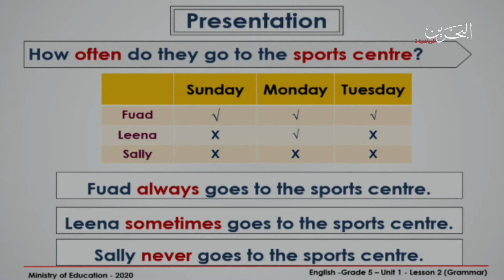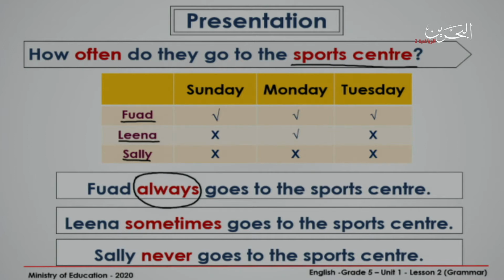Now let's look at this table. We have Fuad, Lina, and Sally. This table shows how often they go to the sports center. Fuad's row is filled with ticks. It means that he always goes to the sports center.